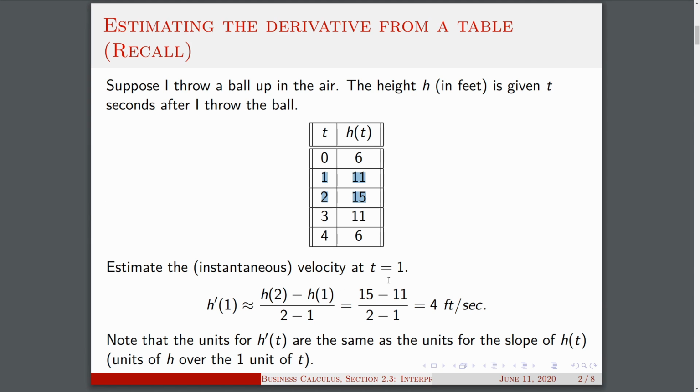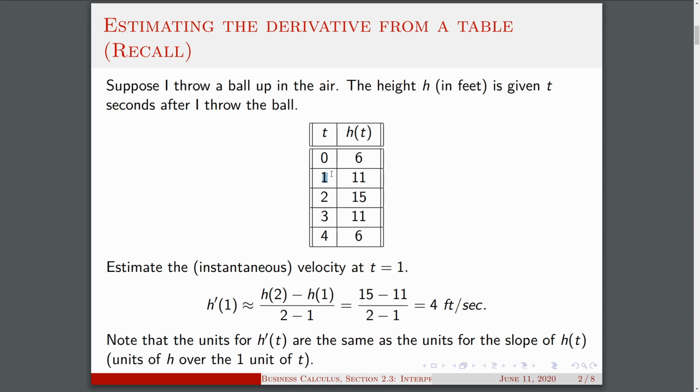When you do that in this example, you get 4 feet per second. You could also use the average rate of change between 0 and 1. That's reasonable. Since you want to know the slope at this point, you could also use the neighboring points, 0 and t equals 2. That'd be reasonable.